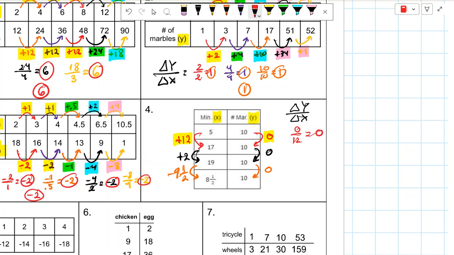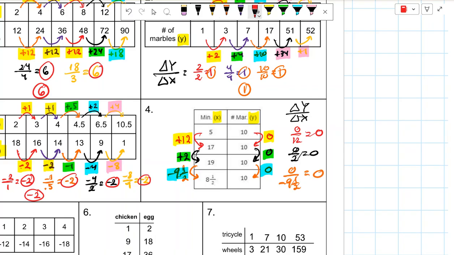All right, and then we'll go to the next one. 0 divided by 12 is 0. And then the last one, 0 divided by negative 9.5 is also 0.